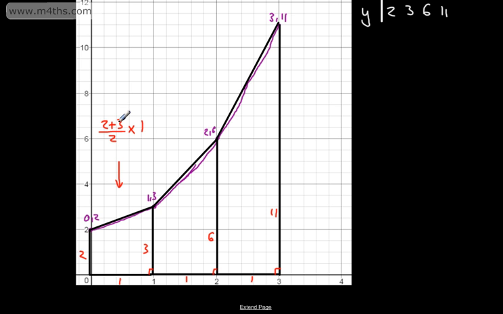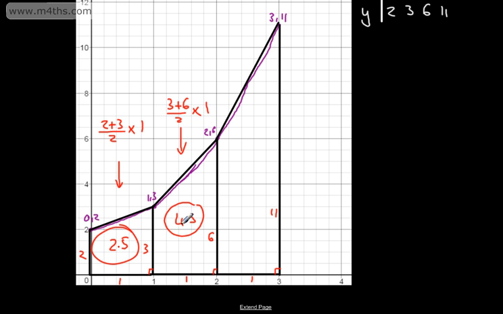So if we look at this, 2 plus 3 is 5. 5 divided by 2 is 2.5. So this one has an area of 2.5. This one right here, we've got 3 plus 6. We divide that by 2 and multiply it by the perpendicular height. Convenient that it's 1 here. That's going to give me 9. 9 divided by 2 is 4.5.